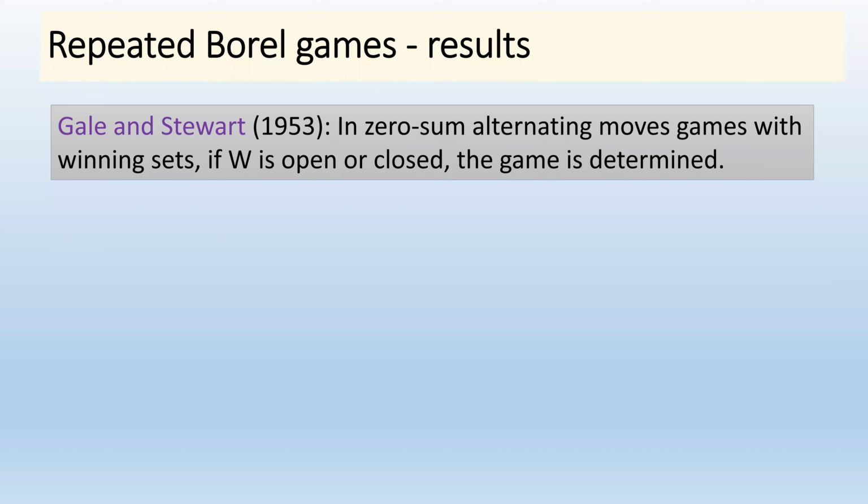They considered zero-sum games with alternating moves and with winning sets. That is, there is a set W, player 1 wins if the infinite play is in this set, and player 2 wins otherwise. And they proved that if the winning set of player 1 is either open or closed, then the game is determined, meaning either there is a winning strategy for player 1 or there is a winning strategy for player 2.